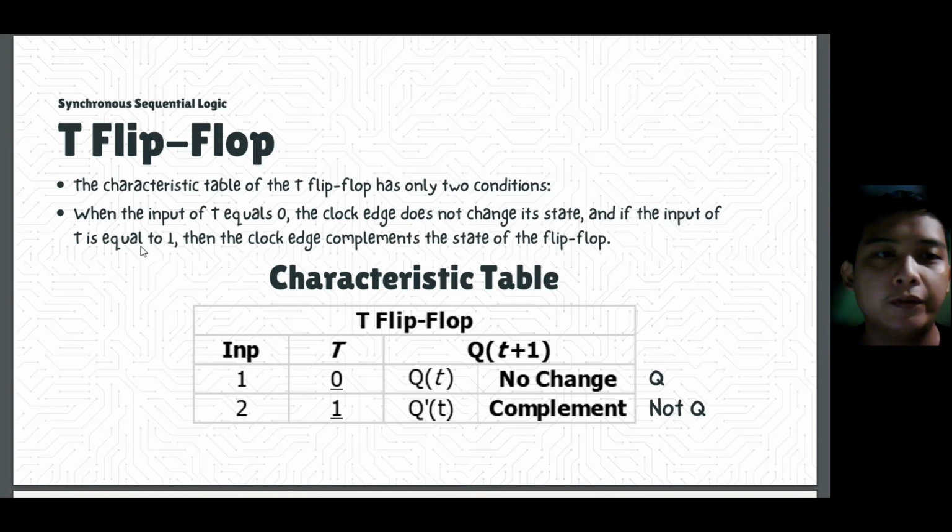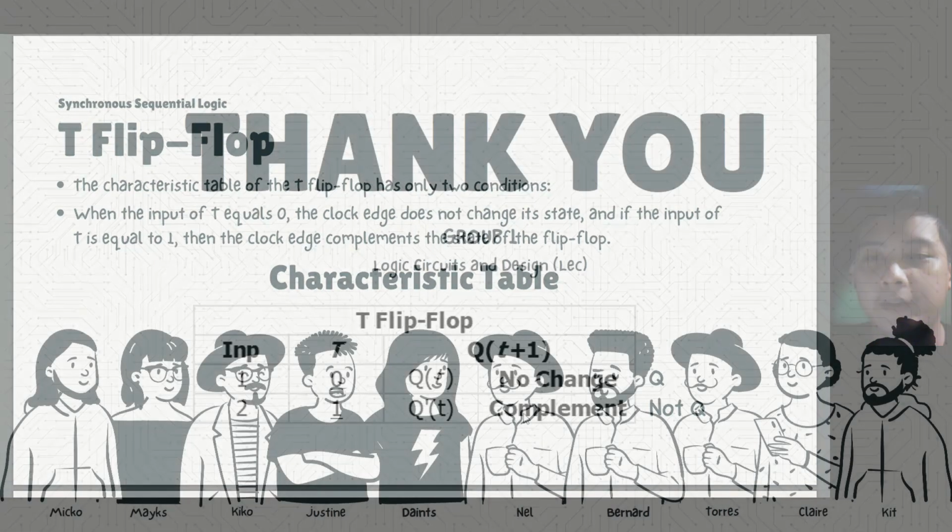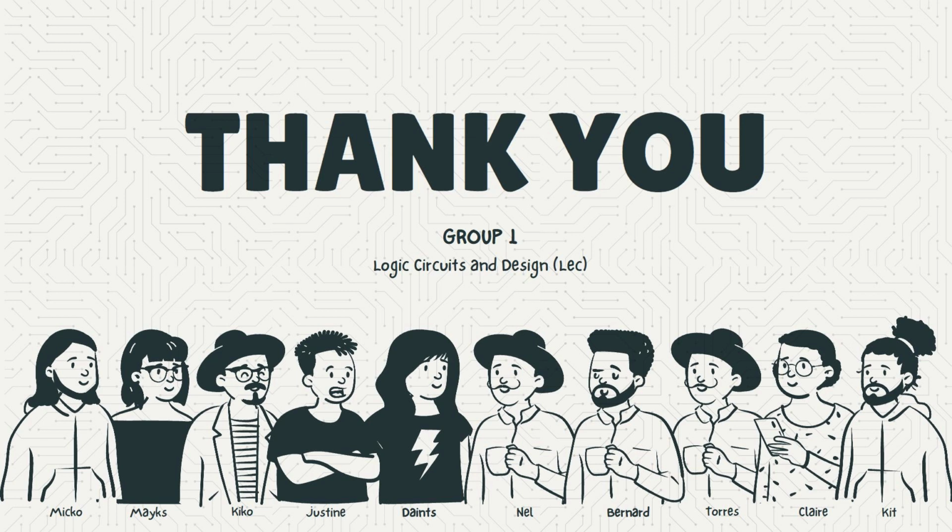And if the input of T is equal to 1, then the clock edge complements the state of the flip-flop. As we can see in the table, if T is equal to 0, then it doesn't change its state. And if T is equal to 1, then it complements the state of the flip-flop. That's all. Thank you for listening.